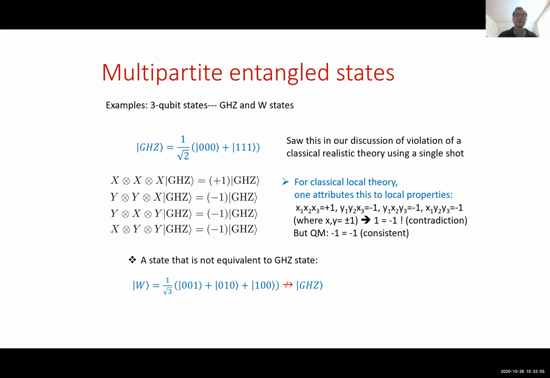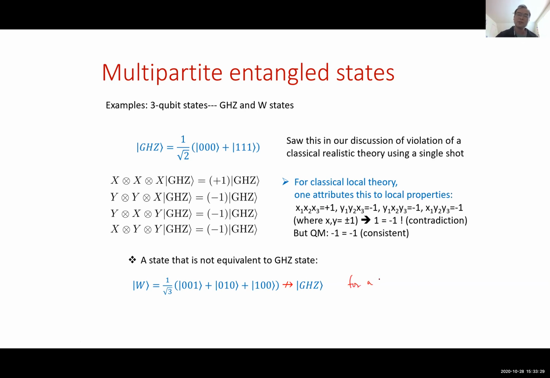Okay. And I want to also mention, with many particles, you have many ways to write down entangled states. This one is called the W state. It has a sort of cyclic arrangement of these qubit states, like 001, 010, 100. This state was shown to be inequivalent to the GHZ state.